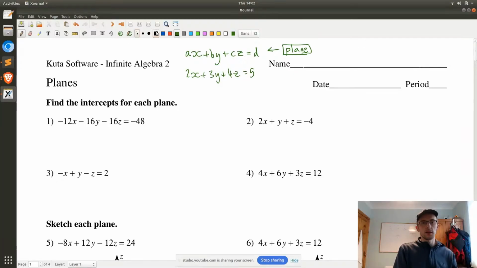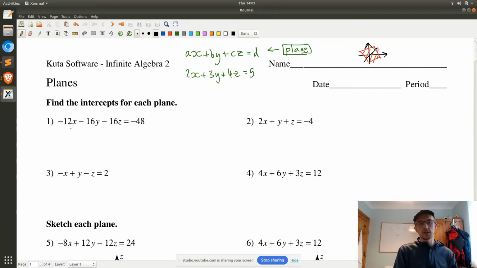You can think of 3D space as divided up into x, y, and z axes, and a plane is like a flat piece of paper extended infinitely in all directions. And so a plane might be depicted like that because we can only depict a portion of the plane at any one given time. Okay?